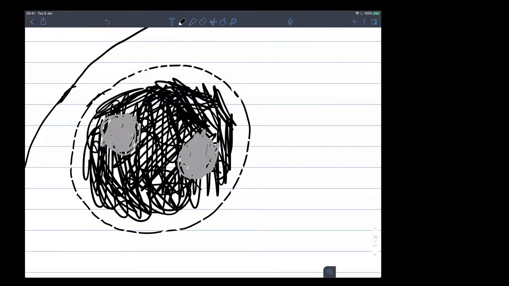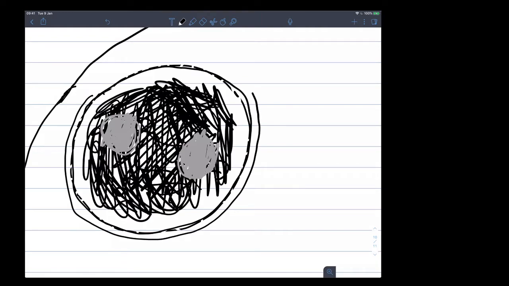nucleus is a double membrane structure. So let's just redraw that. So one membrane and two membranes, and this is now the nuclear envelope. The nuclear envelope has pores. Okay, so let's just draw a few nuclear pores, and these are the things through which the mRNA might move out of the nucleus.